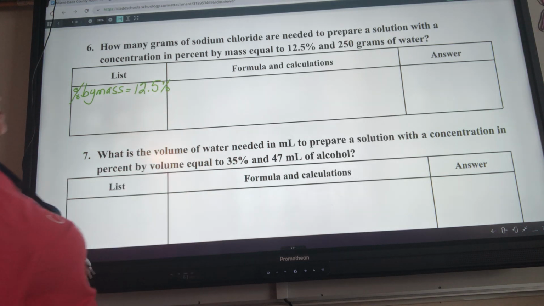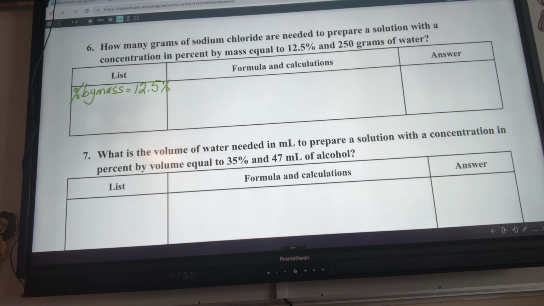12.5%. We're talking about a solution. Is water the solute or the solvent? Say that again. Don't be afraid. What is water? Solute or solvent?